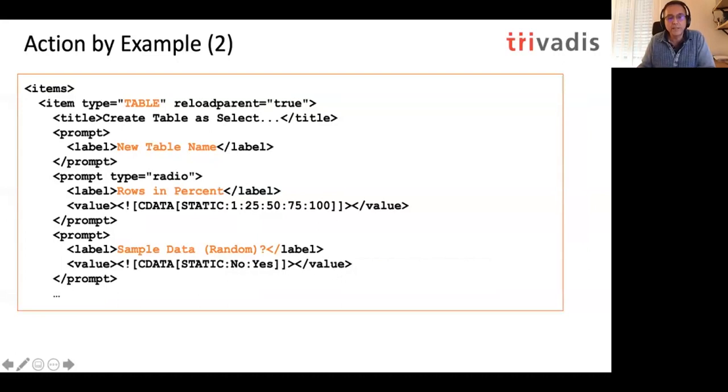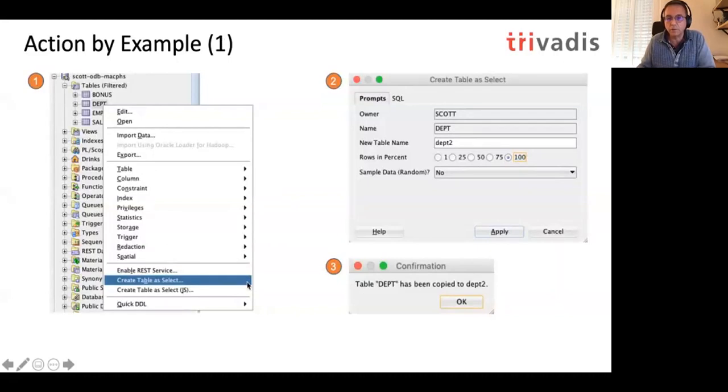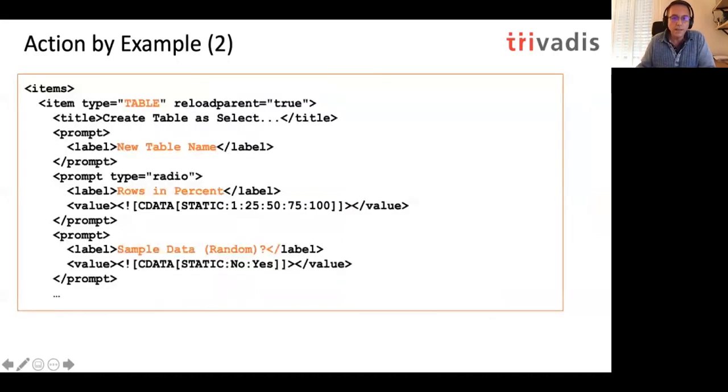The first entry is, well, maybe I should explain what I want to do. The idea is to copy an existing table with a certain percentage of rows. The first ones are just a sample of those rows. So what I need to enter is the table name.